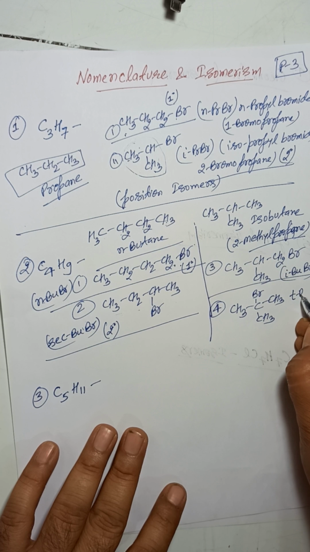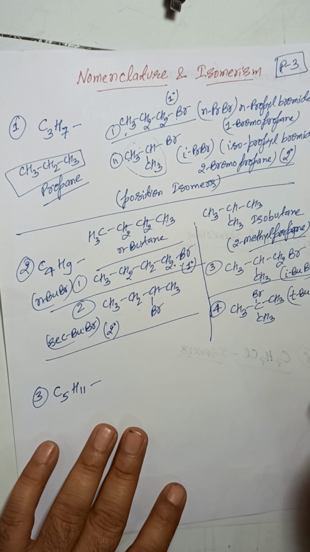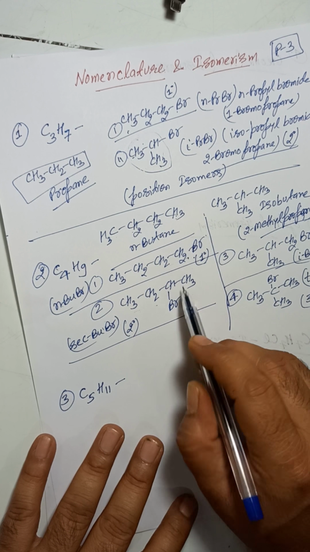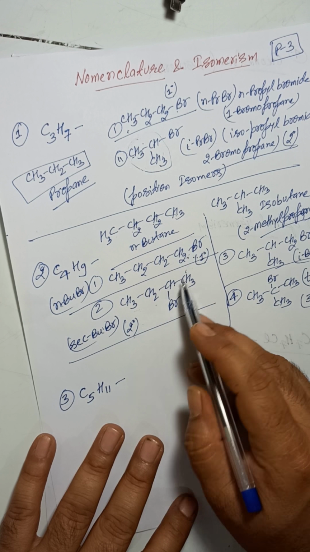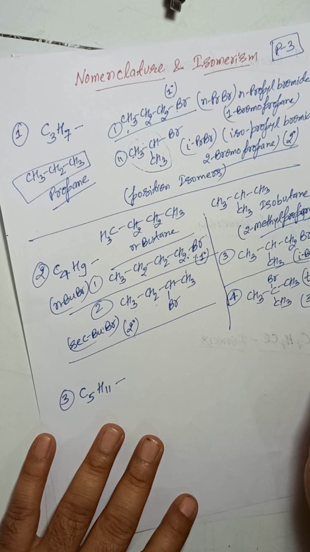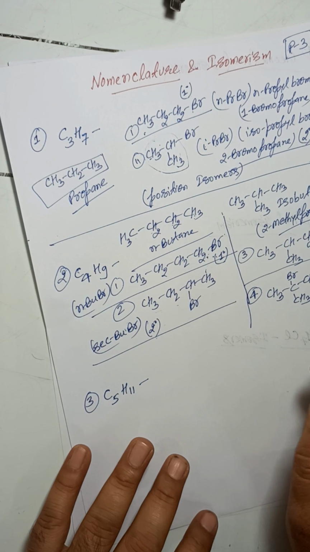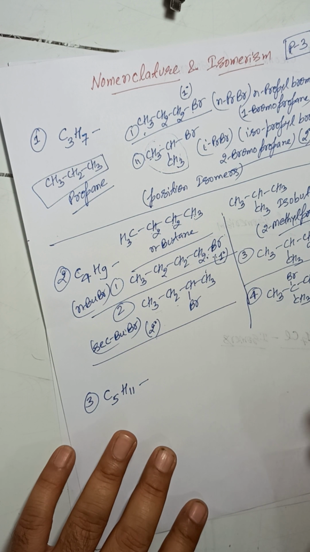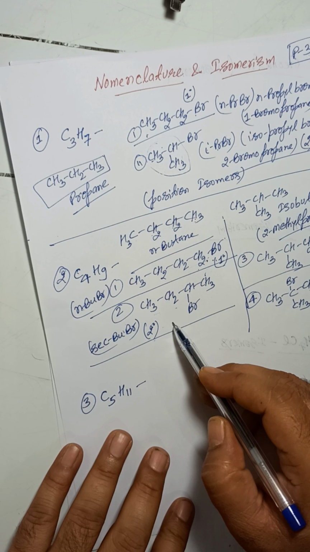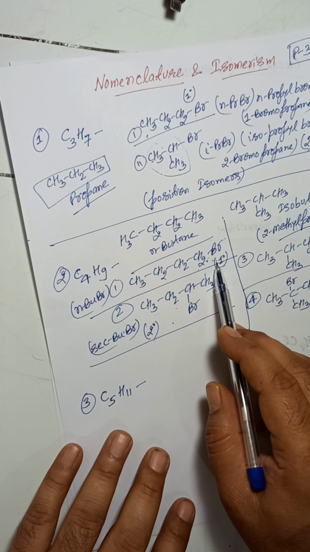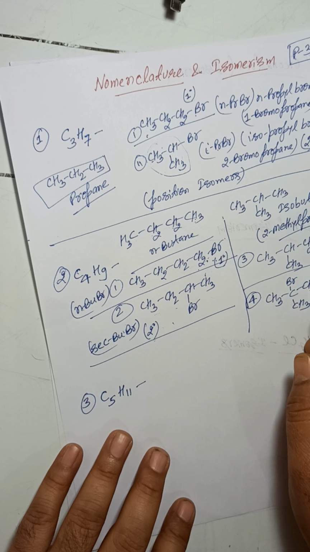This is tertiary butyl bromide. So 1 degree, 2 degree, n, secondary, tertiary, and this is iso, whose degree is 1 degree. Done. N is straight chain, also called primary, secondary, iso, tertiary.